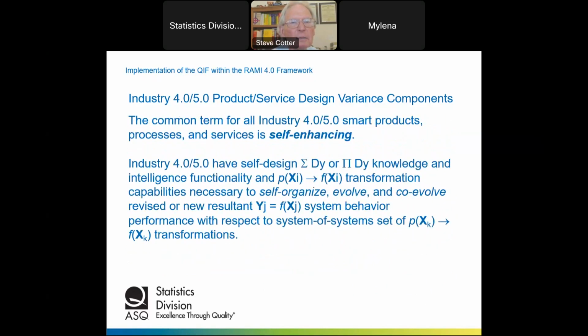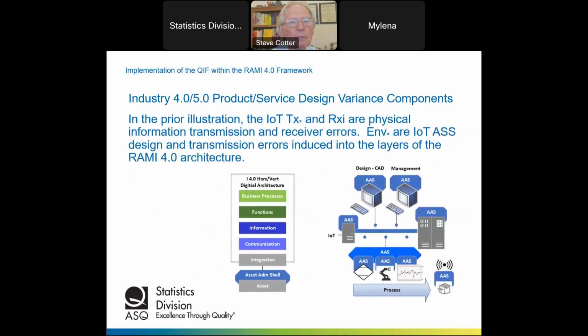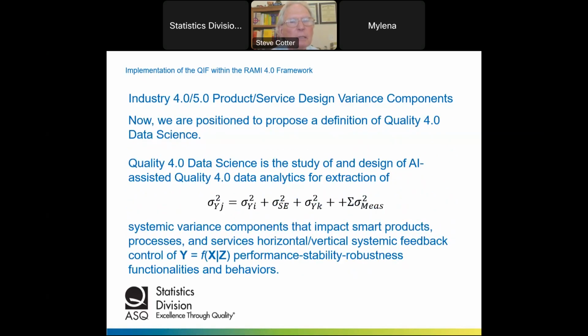Hang on. Oh, that's the environment, sigma square environment, sigma square YK plus the sigma square cumulative measurement error over the IoT and the local measurement error of the final manufacturing point. So this is the total systemic variance components that impact smart products, processes, and services, horizontal, vertical, systemic feedback control of the Y equals F of XI, X given Z, performance, stability, robustness, functionalities, and behavior.